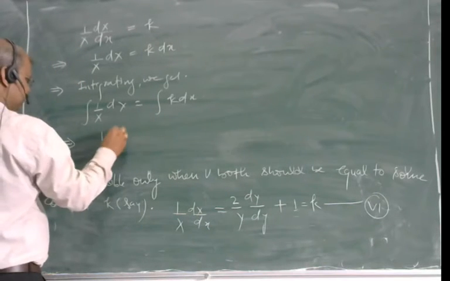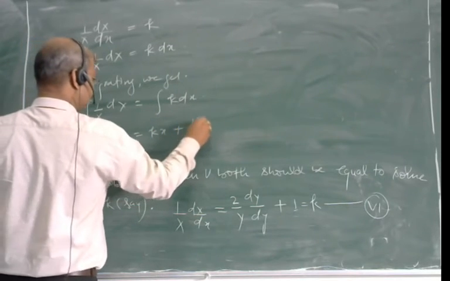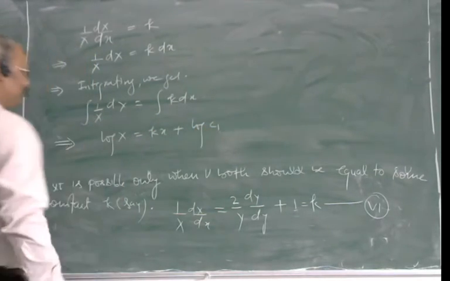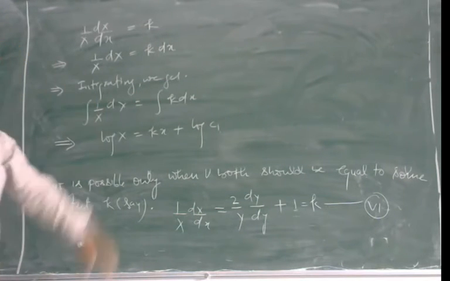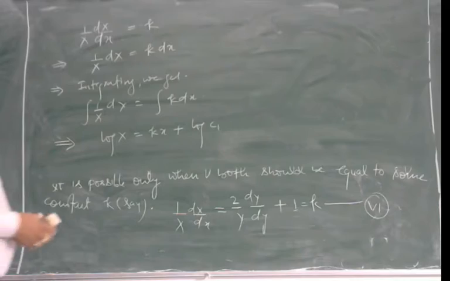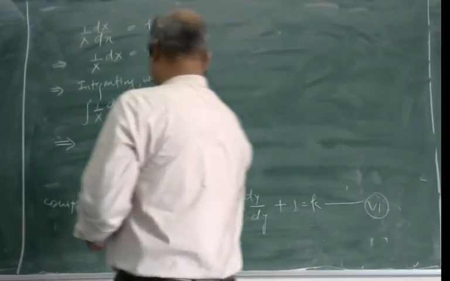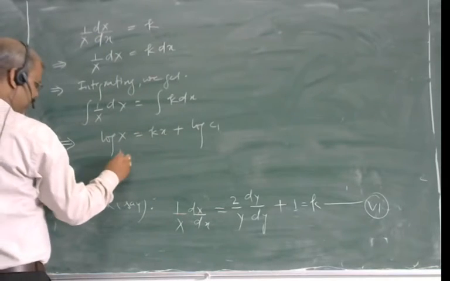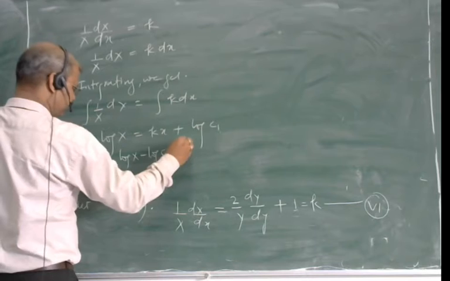Log X is equal to kx plus log c1, because both integrations are indefinite integration. So now it can be log X minus log c1 equal to kx.